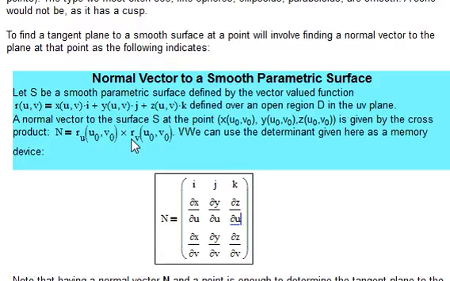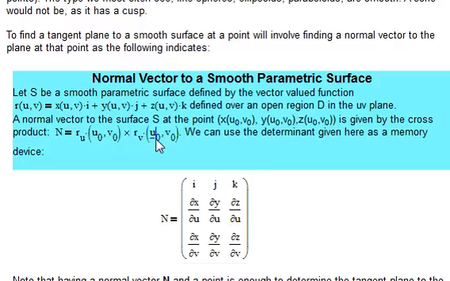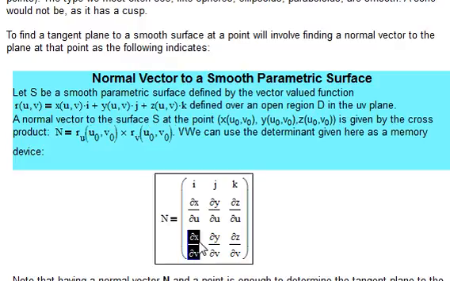And then this vector is the partial of x with respect to v, the partial of y with respect to v, the partial of z with respect to v.